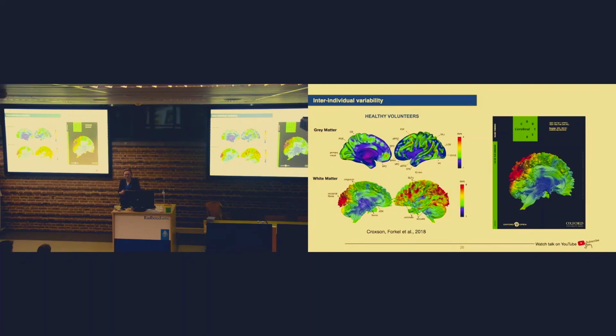Now, what I was interested in is to know how variable individual white matter connections are and what that means for cognition and behavior. So I sat down to do a systematic review to look at correlational studies between anatomical variability and cognitive variability, thinking that there surely aren't that many.